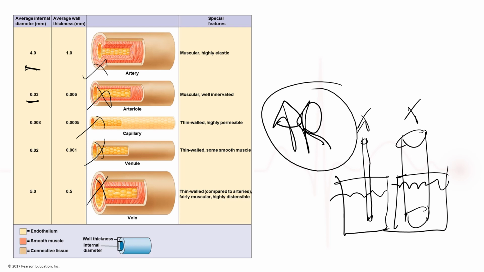Because there's such a narrow internal diameter, lumen, as we would say, within the coffee straw, that creates a lot of resistance to the flow of the fluid. And again, that's due to the very narrow diameter that the coffee straw has. Because it has such a narrow diameter, there's lots of resistance to the flow of the fluid.